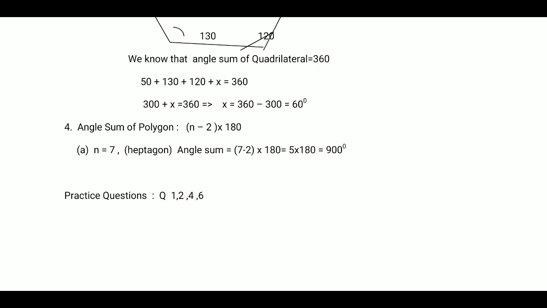So its angle sum will be equal to (7 minus 2) into 180. That means 5 into 180, that is 900 degrees. Thus the heptagon has an interior angle sum of 900 degrees. And in a similar way you can solve the questions from your exercise 1, 2, 4 and 6. Thank you.